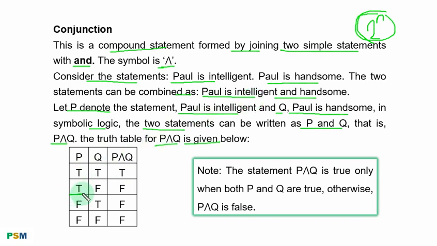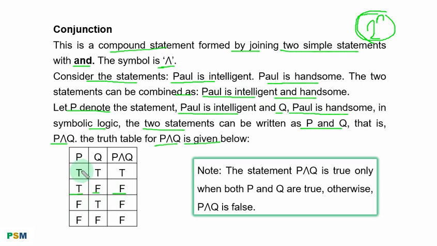The second row means Paul is intelligent, but Q here means Paul is not handsome. Remember, Paul is intelligent and handsome at the same time. For that reason, the second outcome is false.